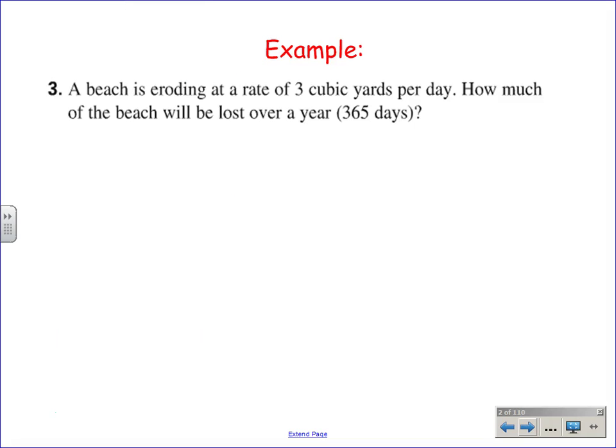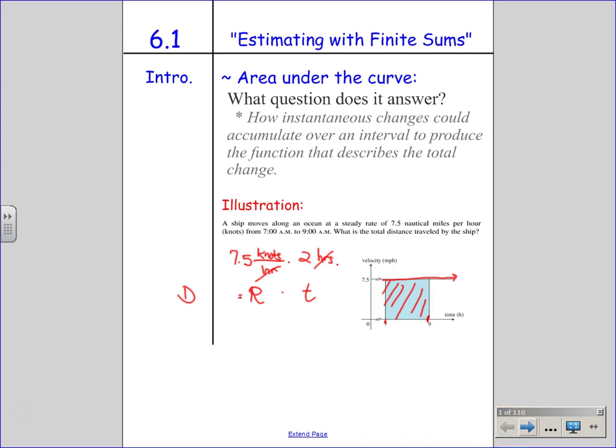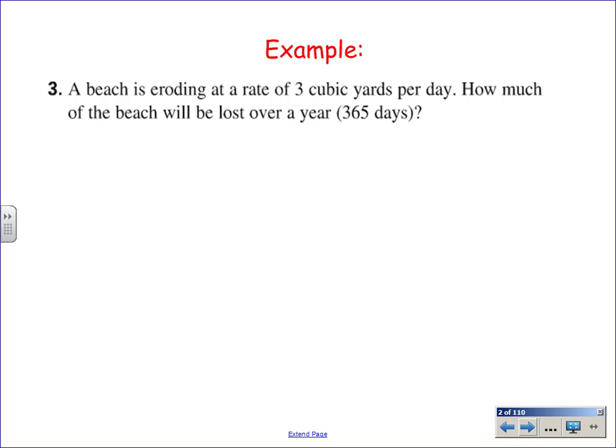So what do we do if, example 3, why do they call it 3? I don't know, but that's okay. Example number next one. A beach is eroding at a rate of 3 cubic yards per day. How much of the beach will be lost over a year? Wait, does this need calculus? Why not? How much of the beach?